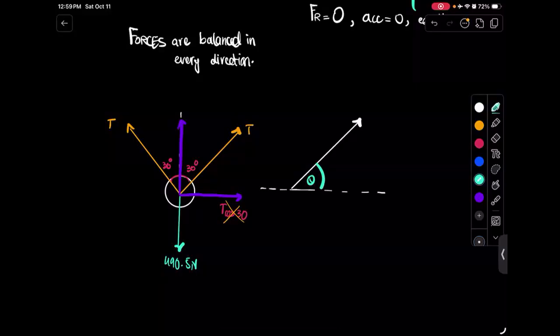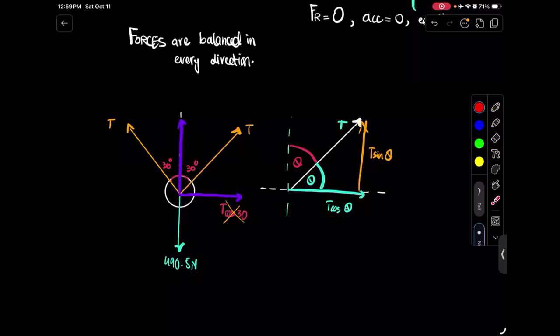Then you're right that this would be T cos theta and this would be T sine theta. But in this example, the angle is actually this one, so you can't use T cos theta and T sine theta in the same way.